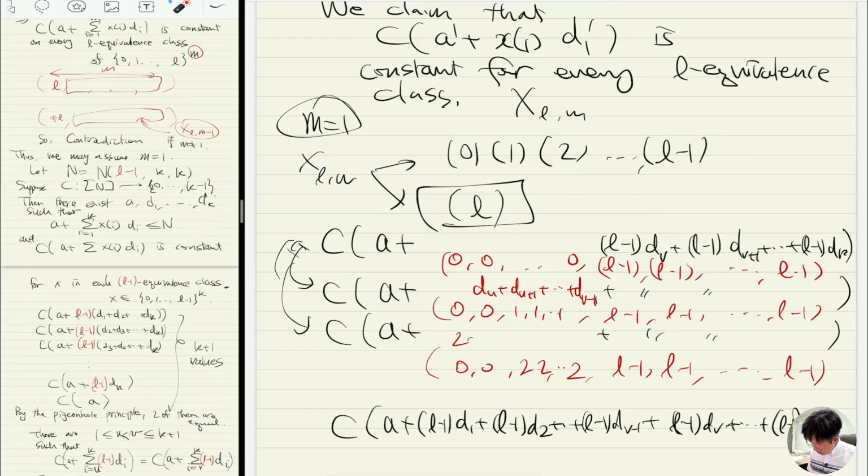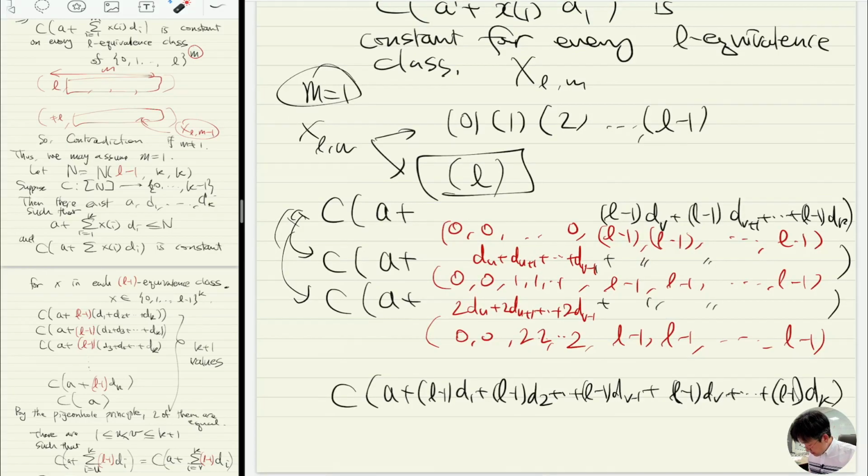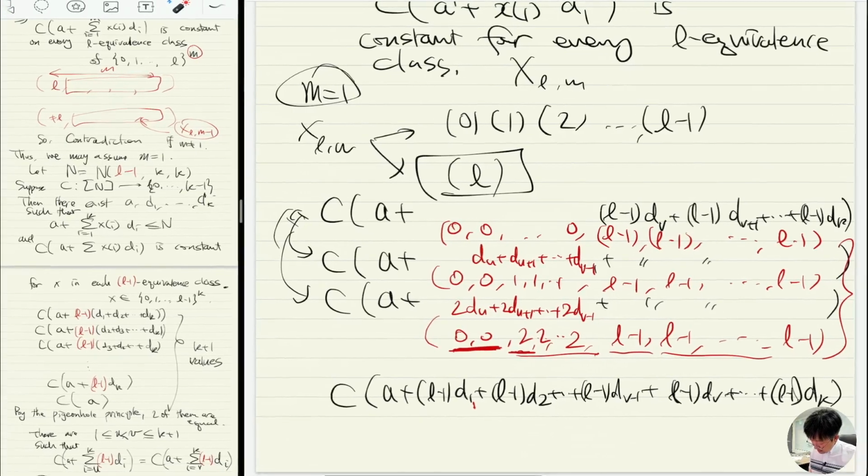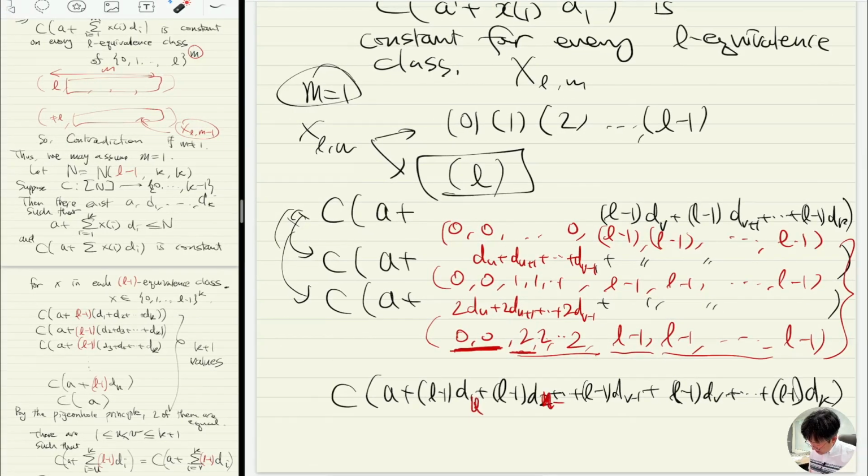So this is 2, d_{u+1} up to 2, d_{v-1}. So all these things, you start with the u minus 1 zeros, and then from u places you have two same values, x, and then you have L, and all these things are L minus 1 equivalent, except you have this case, except you have d_{u+1} of that. So that's 0, 0, and then L minus 1, L minus 1.